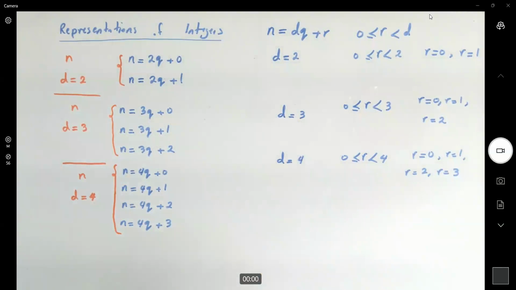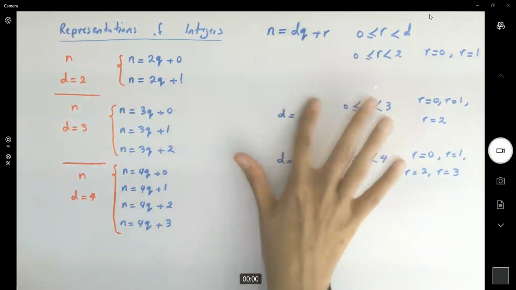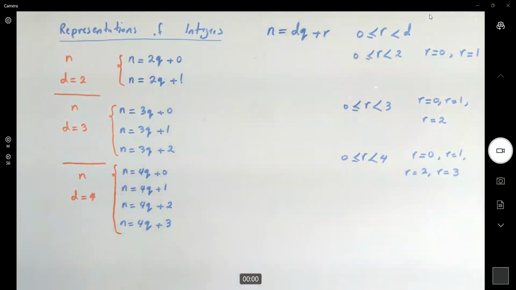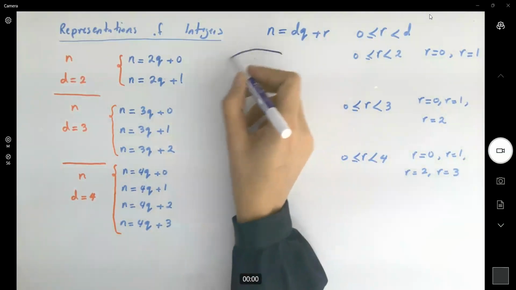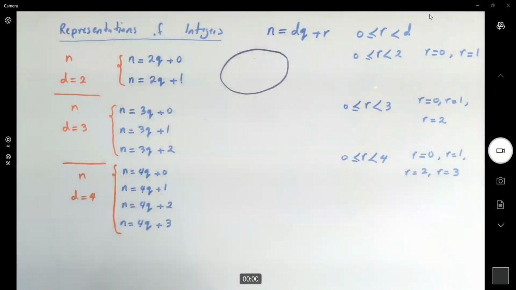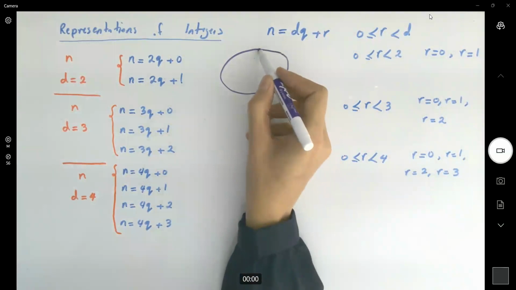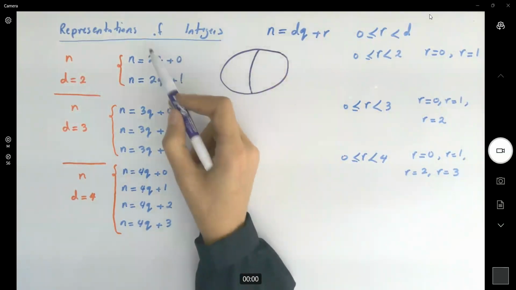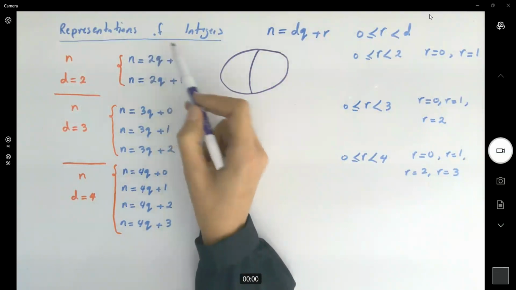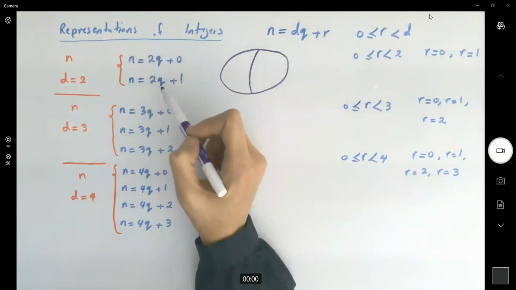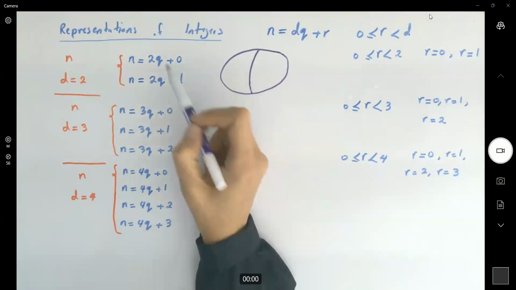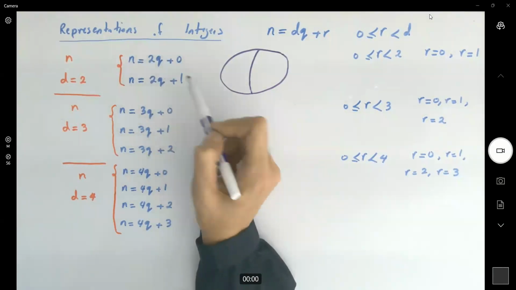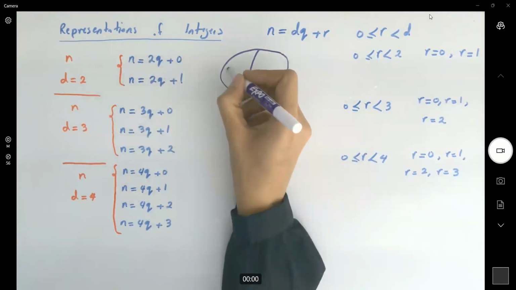So what's the meaning of that? Take a look at this. It means that in the world of integers, I can classify the integers by division by 2 into 2q's and 2q's plus 1, the even ones and the odd ones.